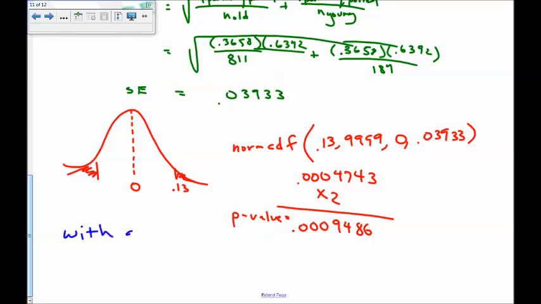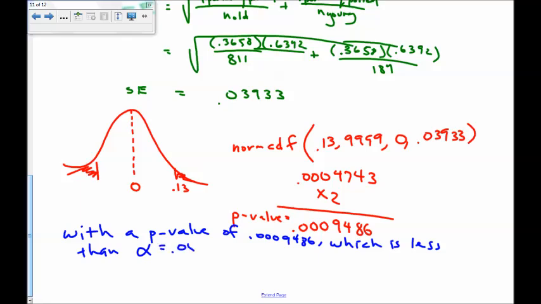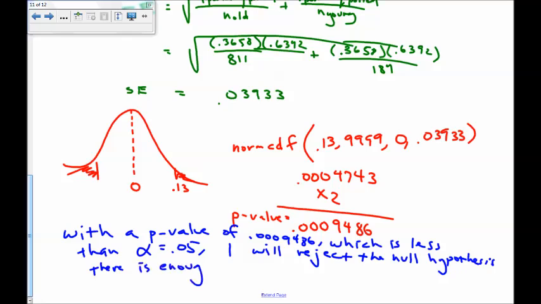With a p-value of 0.0009486, which is less than alpha, which is equal to 0.05, because it's below alpha, I will reject the null hypothesis, and say there's enough evidence to conclude that, and my alternative hypothesis was that there's a difference between the proportion of men over and under 30 that snore.